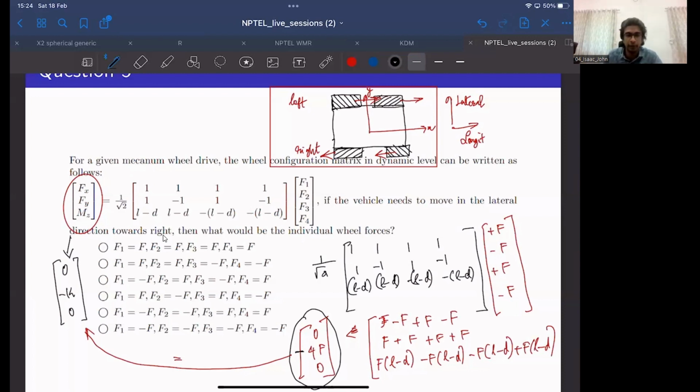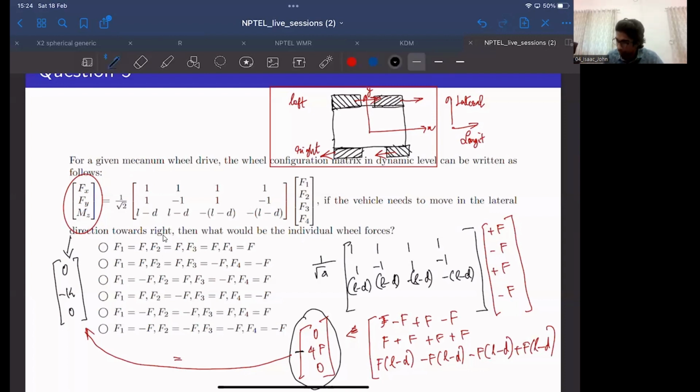We are currently evaluating the third option. So if we invert the signs, so rather than plus F minus F plus F minus F, if we invert the sign, the robot will move in the opposite direction, right?